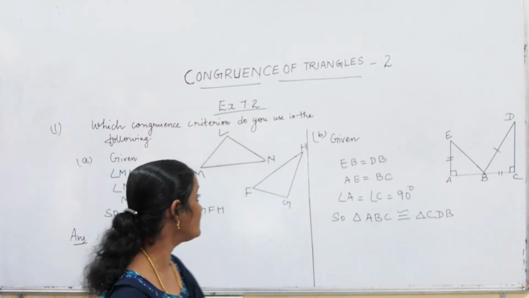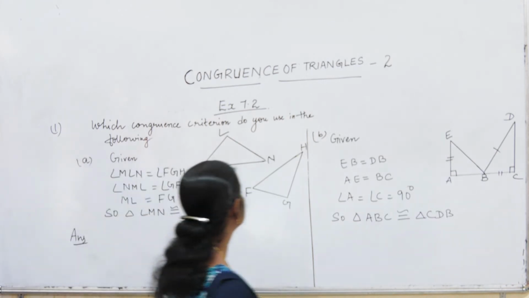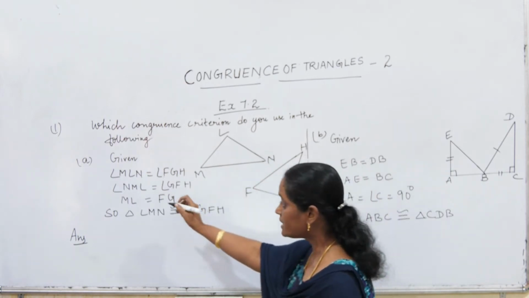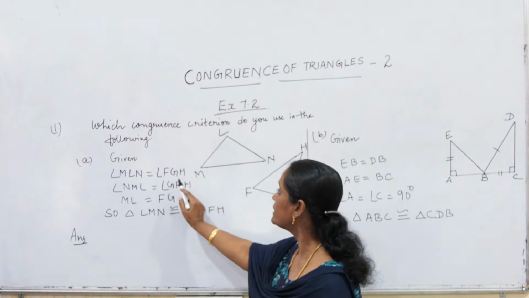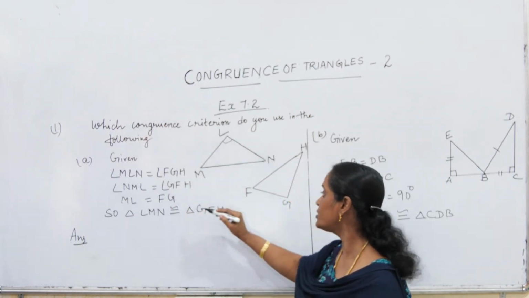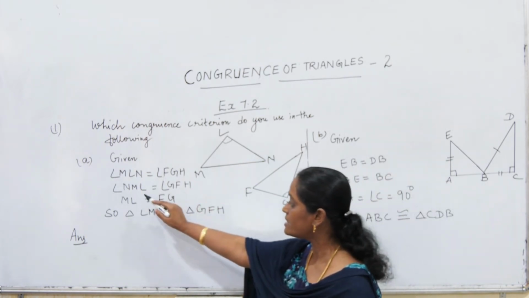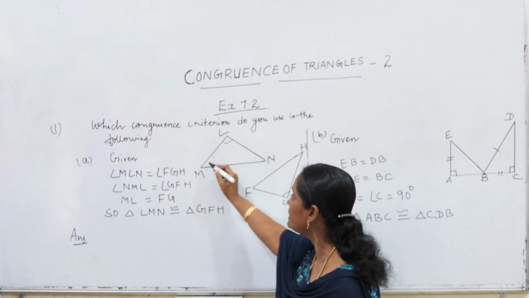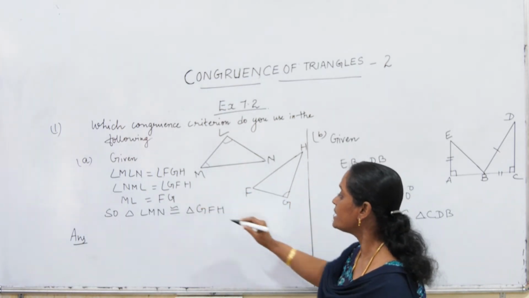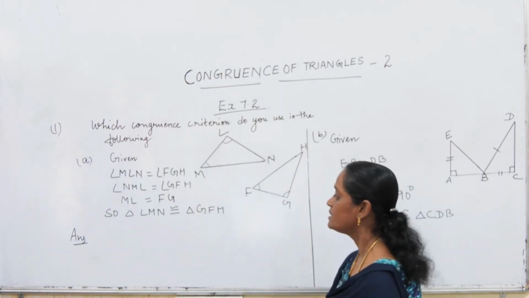Here the next question. Here two triangles are given, LMN and FGH. Here angle MLN is equal to angle FGH. This angle MLN, this angle, is equal to angle FGH, this one. And next angle NML, this angle, is equal to angle GFH, this one.